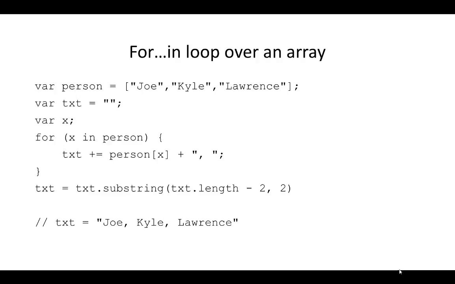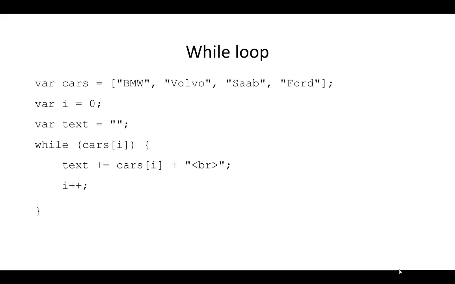Because the last time the loop runs round, I've added a comma and a space onto the end of Lawrence, because each loop adds the name and then a comma, then a space. Once I've finished my list, I've got a comma and space after Lawrence, and I want to remove that. So I've done a substring to remove that last comma and space off my string. That's what that line is doing.